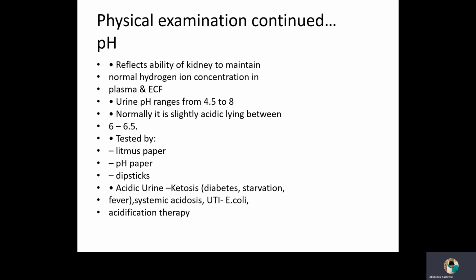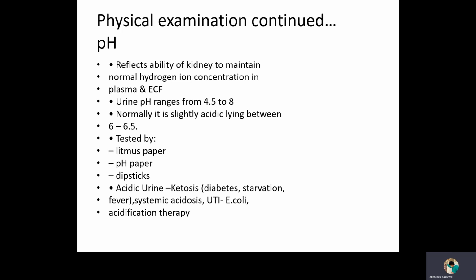Whereas the pH on the physical examination reflects the ability of the kidney to maintain the normal hydrogen ion concentration in plasma and extracellular fluid. So the urine pH ranges from 4.5 to 8. Normally, it is slightly acidic, lying between 6 to 6.5.